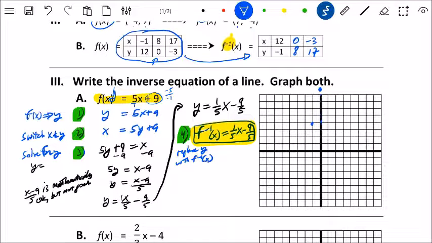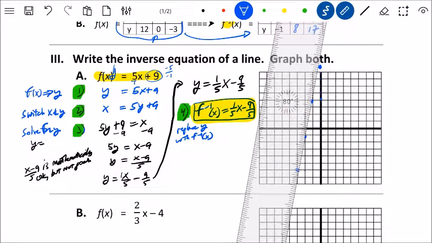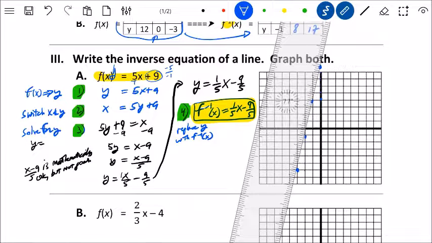And then 1, 2, 3, 4, 5, and a negative 1. It's just right here.